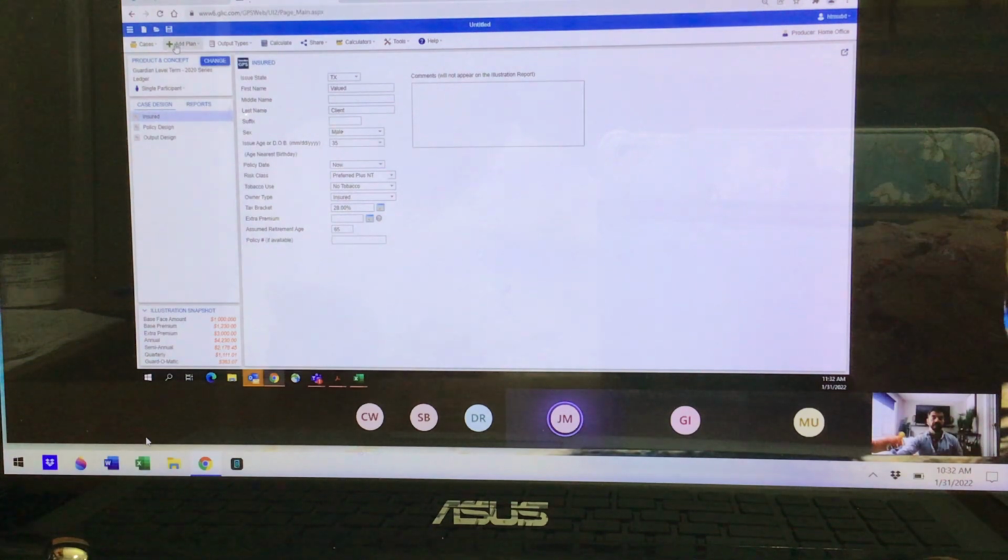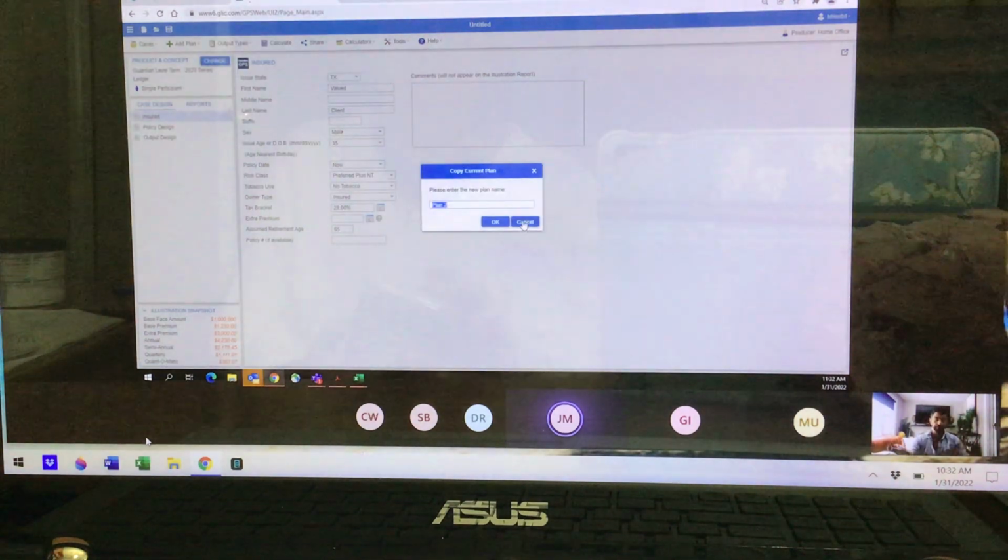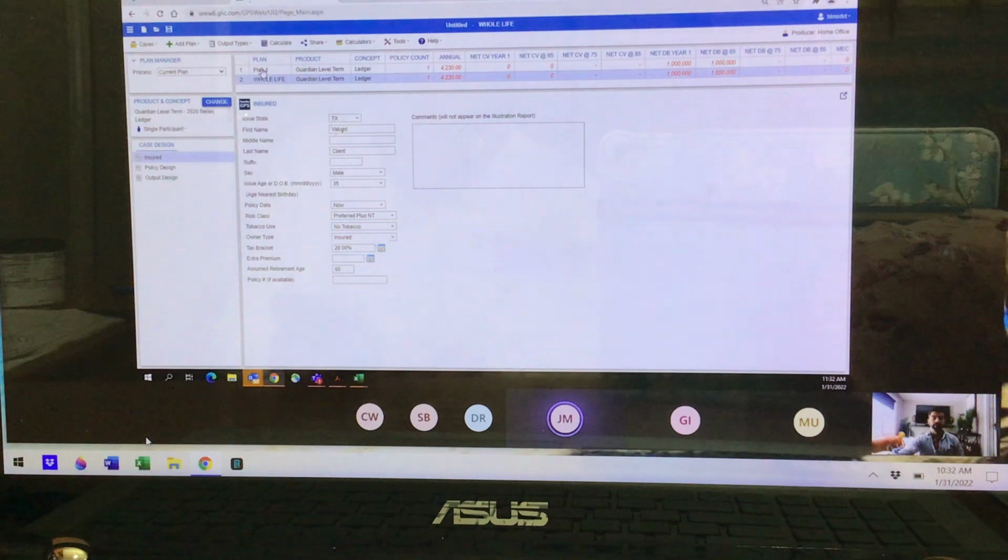Now, a nice tip for when we're running something: if you go to add plan, I can either choose new business plan or copy of the current plan. If I do copy of the current plan, it's just going to create a carbon copy.